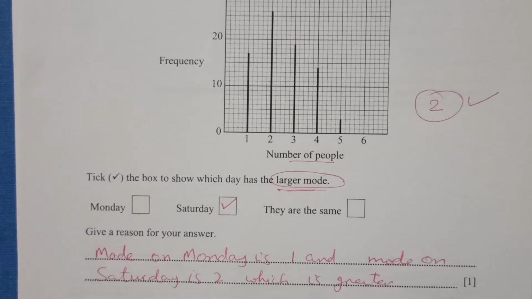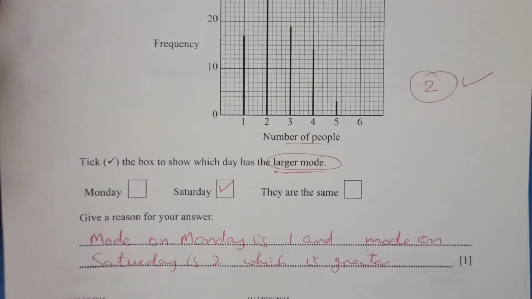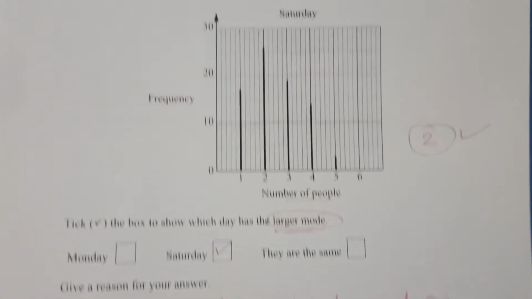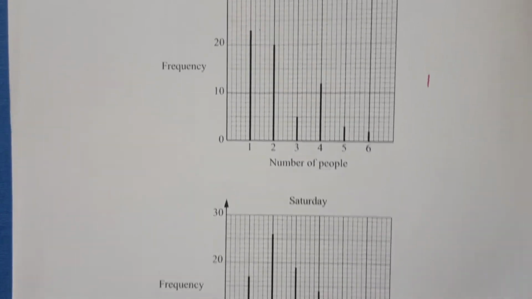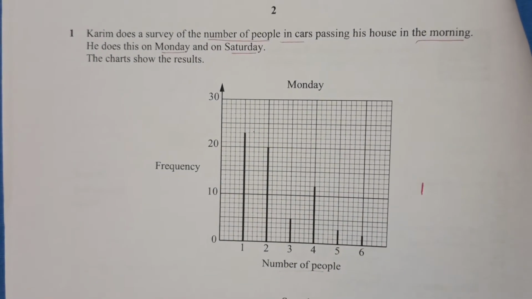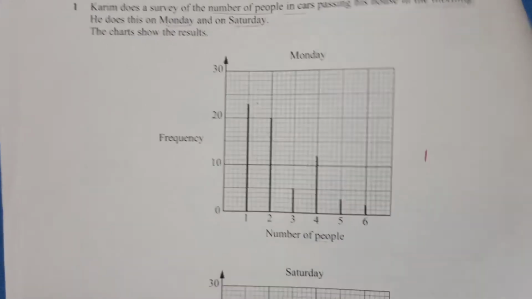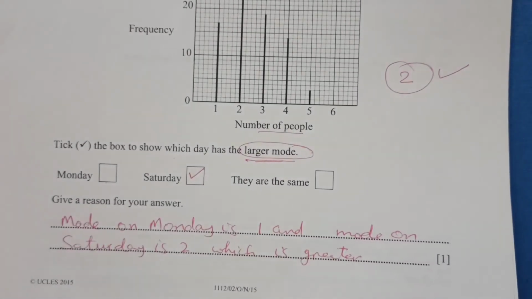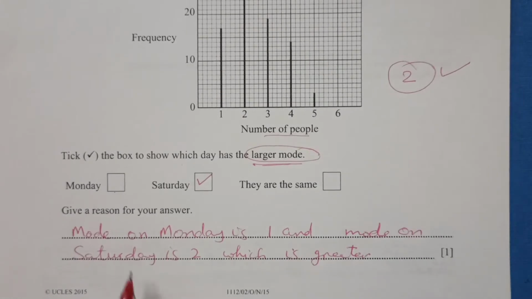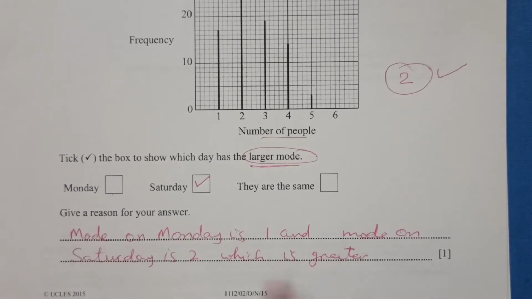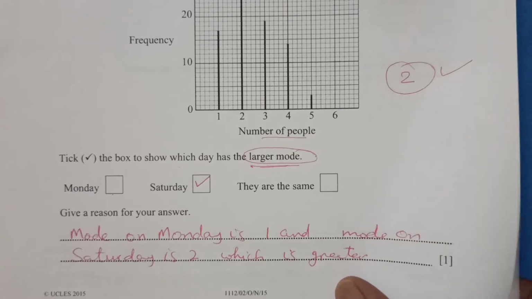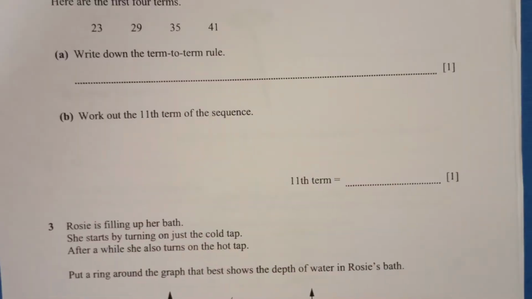Okay, so that's it. This is just a 1 mark question, so you have to just read and give the answer. It looks complicated, but it's not like that. First use the logic, then you can get your answer, right? So I can show you again here. We are going to tick Saturday because mode on Monday is 1 and mode on Saturday is 2, which is greater than 1, right? So let's move to the next one.